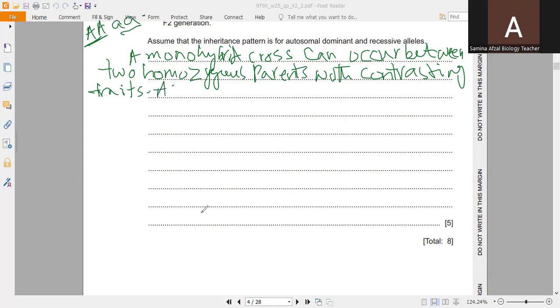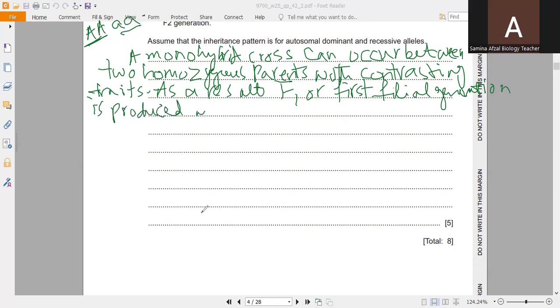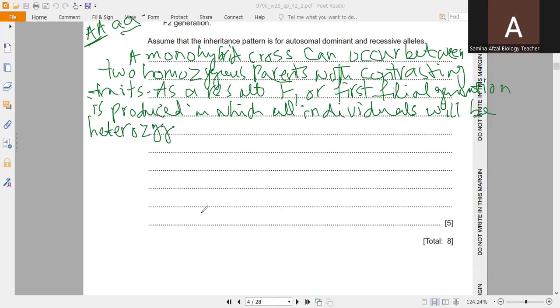So as a result of their cross, F1 or first filial generation is produced, in which all individuals will be heterozygous and display dominant trait or phenotype.